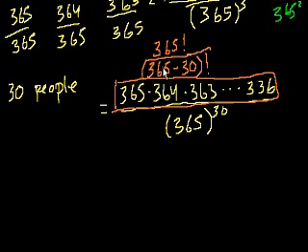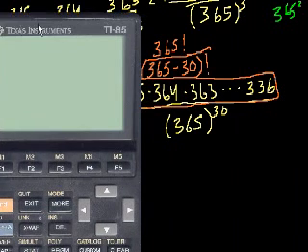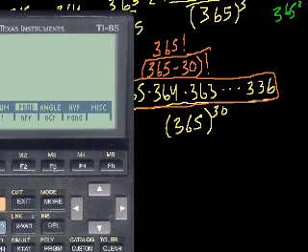I did all of that just so I could show you the pattern, and because this is frankly easier to type into a calculator if you know where the factorial button is. So let's figure out what this entire probability is. Turning on the calculator, let's do the numerator: 365 factorial divided by, well, what's 365 minus 30? That's 335, right? Divided by 335 factorial.